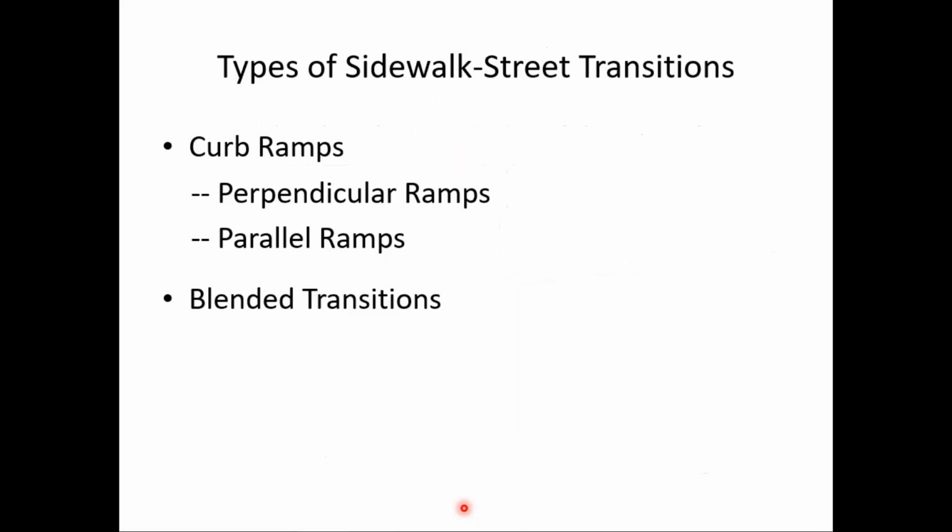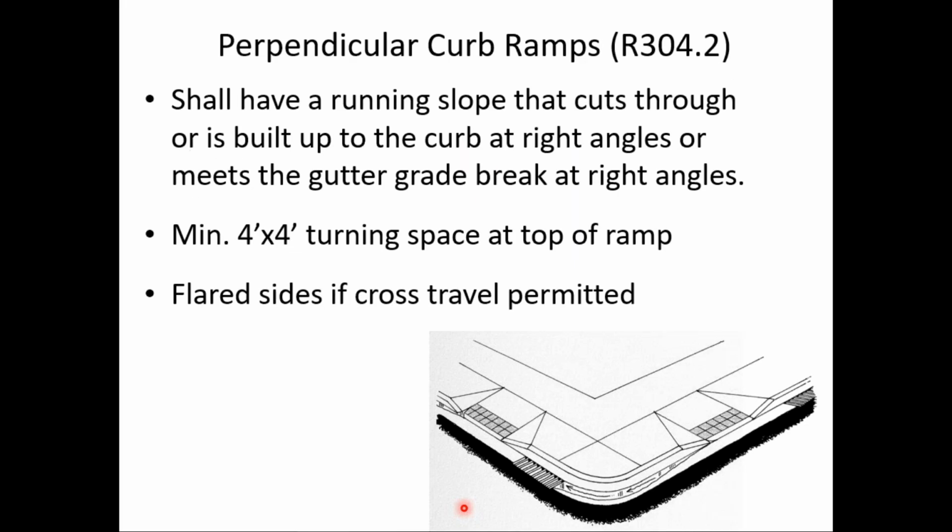There are three types of sidewalk to street transitions. There's two types of curb ramps, perpendicular and parallel, and then something called the blended transition. Perpendicular ramps have a running slope that cuts through or is built up to the curb at right angles, meets the gutter, grade break at right angles, has a minimum 4 foot by 4 foot turning space at the top of the ramp.